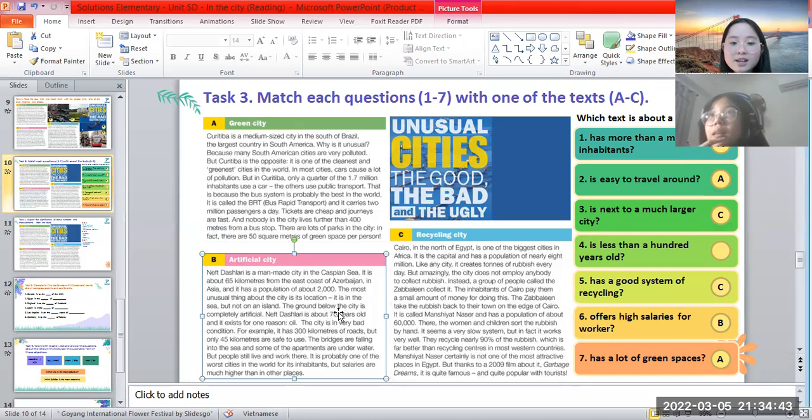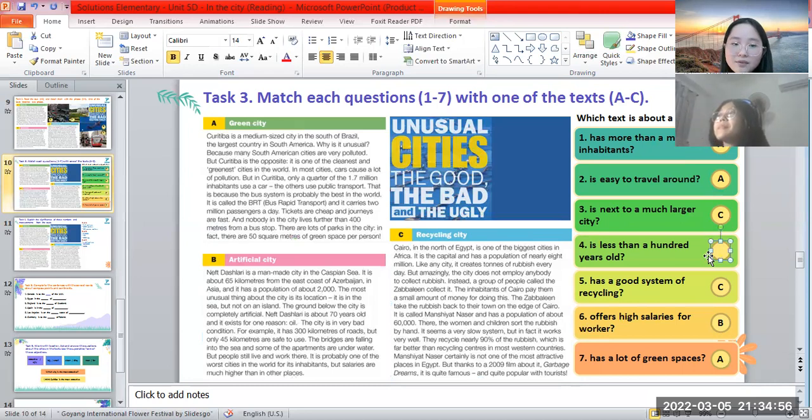Can you see the age of this city? 70 years old. So that means it's less than 100 years, right? 70 is less than 100. So the artificial city is less than 100 years old because the age is 70.